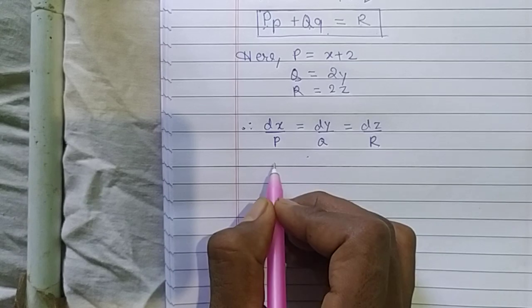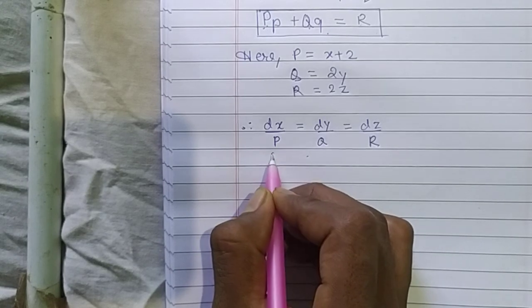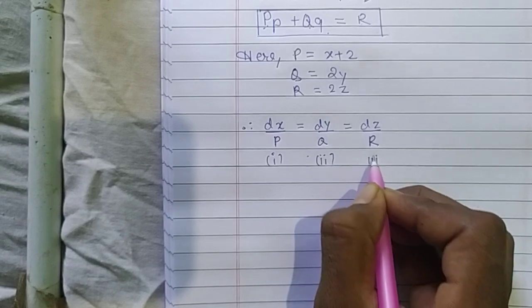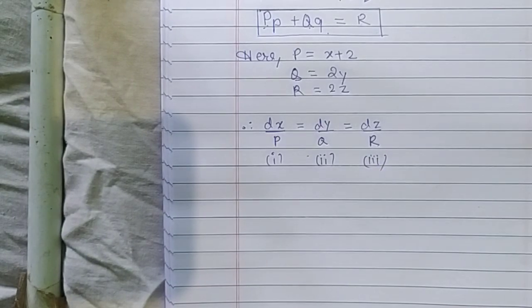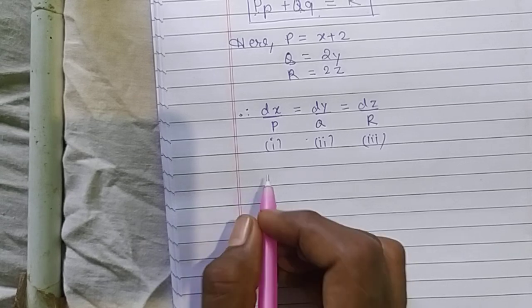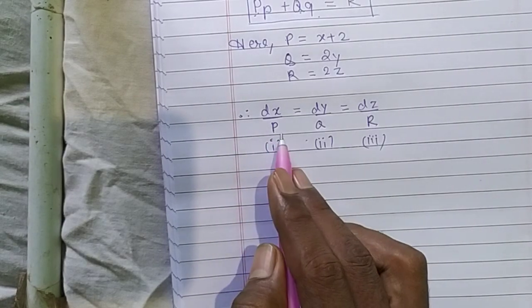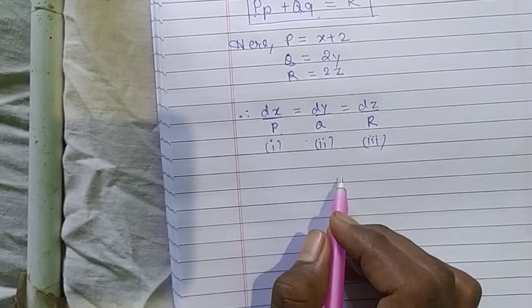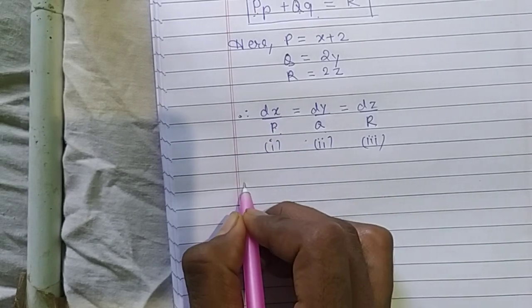Let this be equation 1. You can assume equation 2 and equation 3 as well. Now take two equations at a single time. First, I take equations 1 and 2 and integrate both sides.